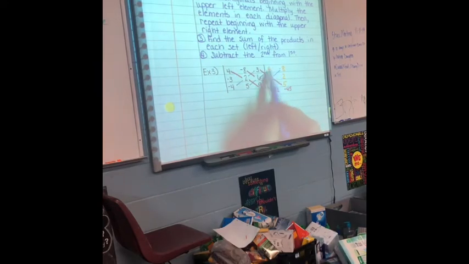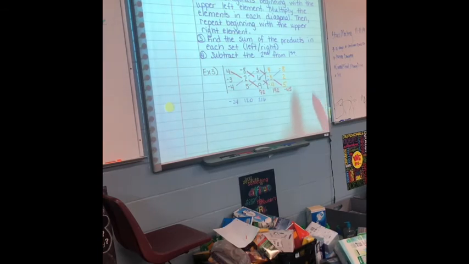The next one will be 4, 6, and 5. That will be 120. And the last one, 3, 2, and -4 will be -24. Everybody good? Okay. So that completes step 2.